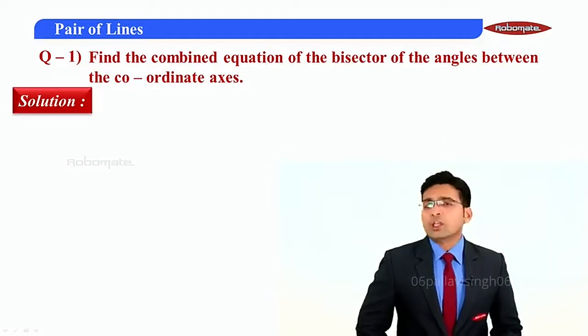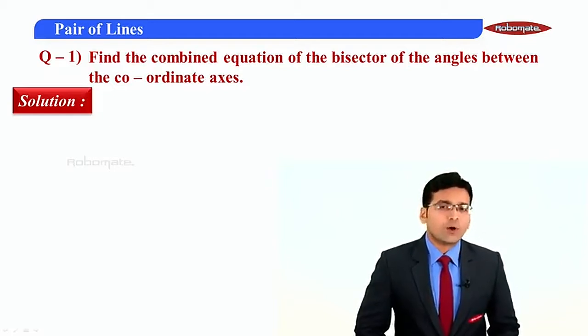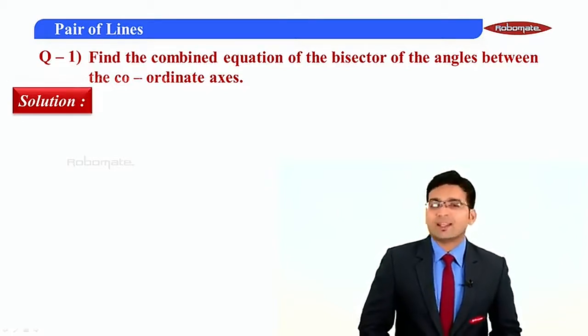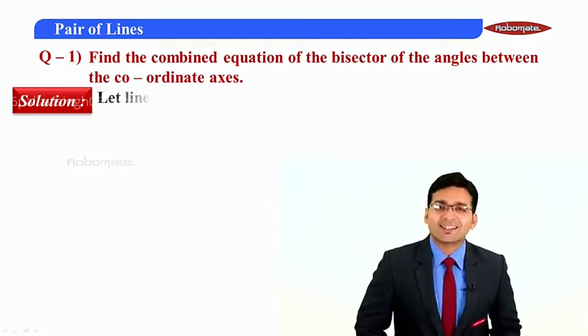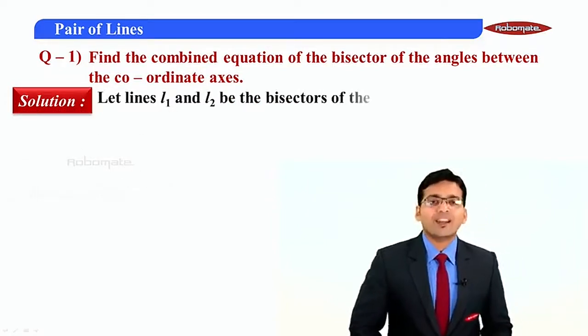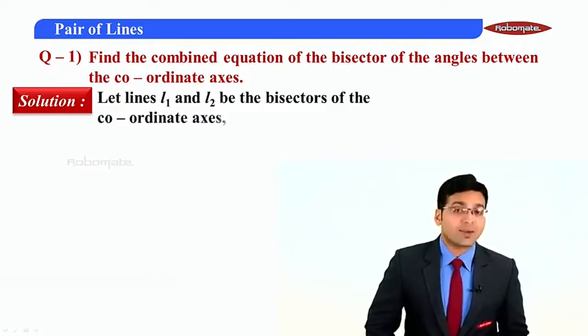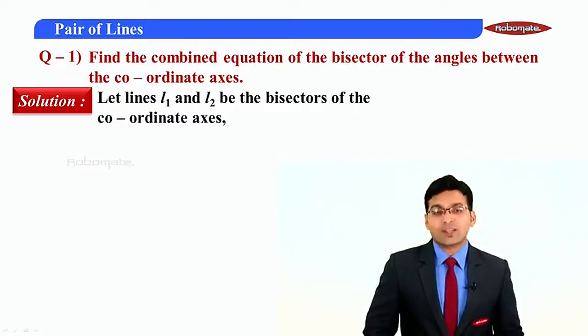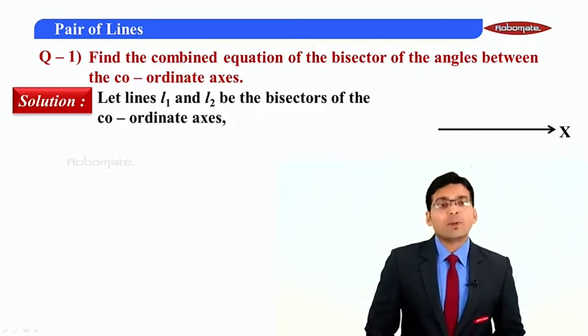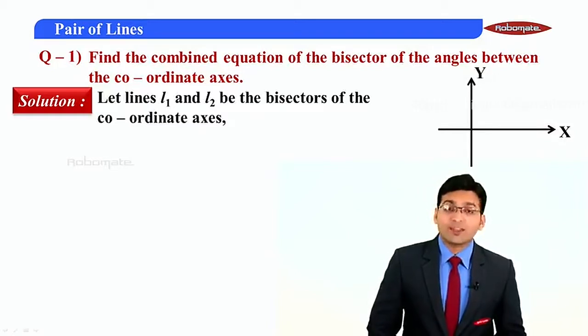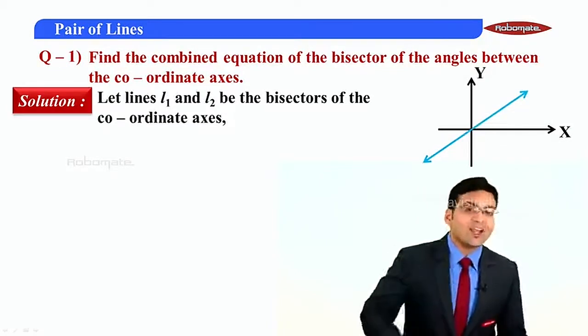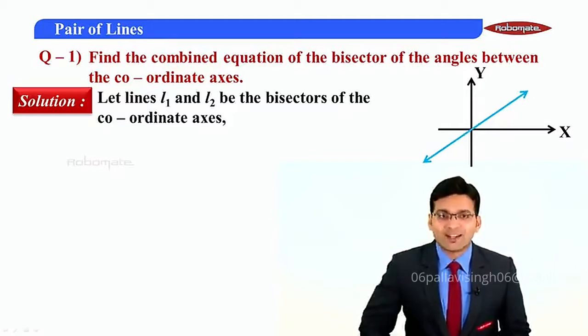Okay students, in the solution we need to think of the lines which bisect the angle between coordinate axes. So let lines L1 and L2 be the bisectors of the coordinate axes. In the diagram we can prepare the XY axes and think of the first line which will bisect the angle between coordinate axes.